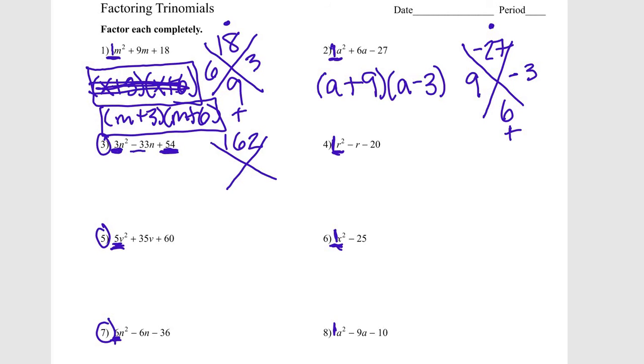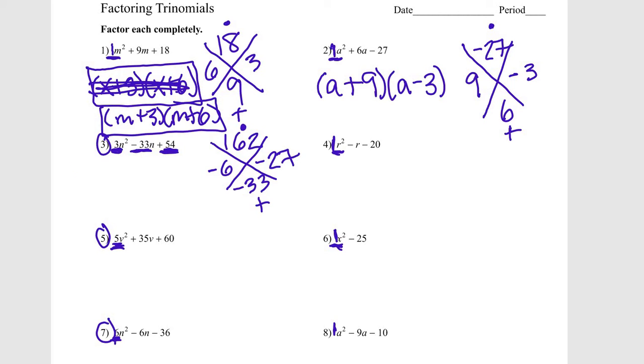And then the middle term, the negative 33, that goes on bottom. So we have to think of two numbers that add to negative 33 and multiply to 162. Okay, so after some thinking and checking with my calculator, trying some different numbers out, I figured out that negative 6 times negative 27 equals 162, and negative 6 plus negative 27 is negative 33.